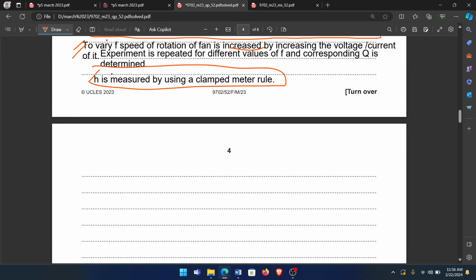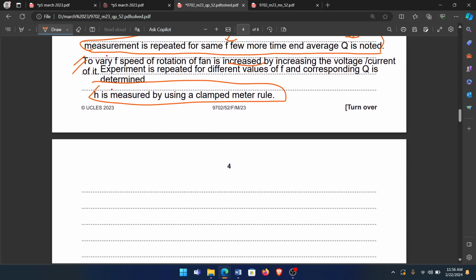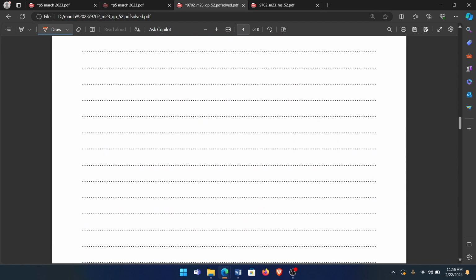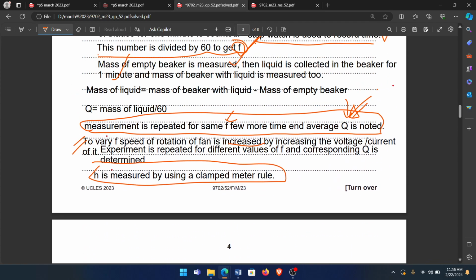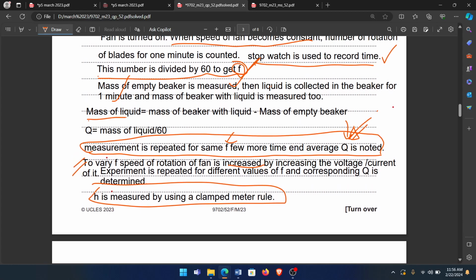Okay. Now you can add additional details here or at the end of the analysis part, right? My suggestion is a few points of additional details are already there inside. Look at this, how the mass of liquid is measured. There might be an extra point.